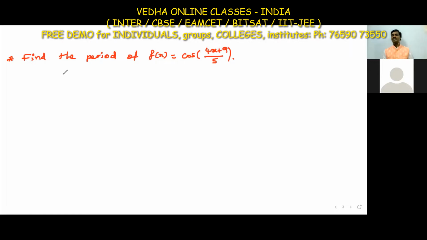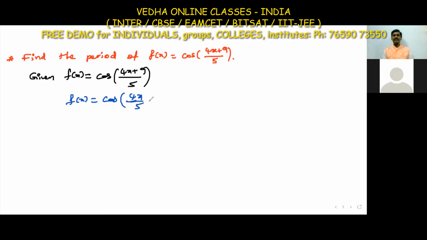What is given here? The given function f of x is equal to cos of 4x plus 9 divided by 5. I am writing this function as f of x equal to cos of 4x by 5 plus 9 by 5, separating the 5.